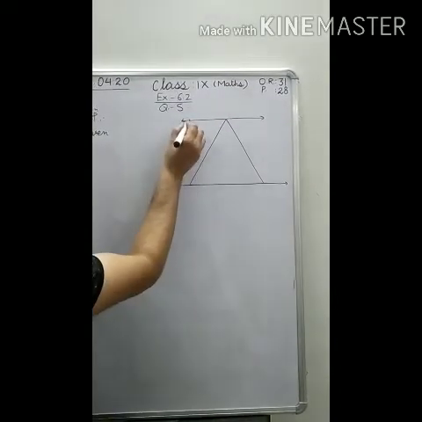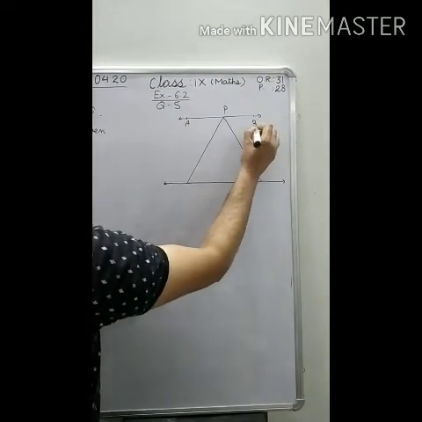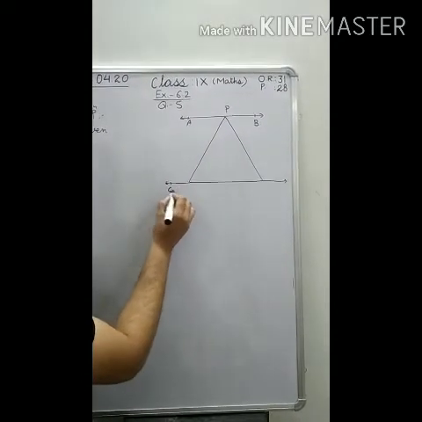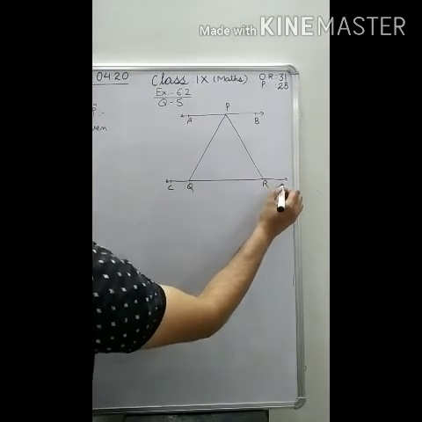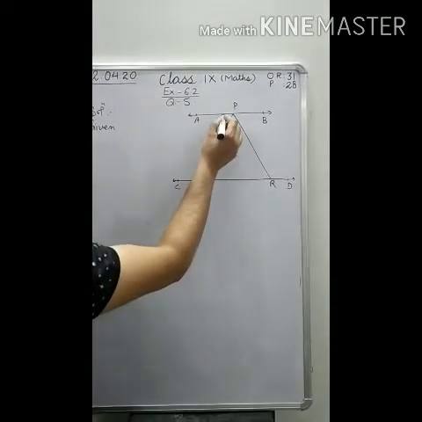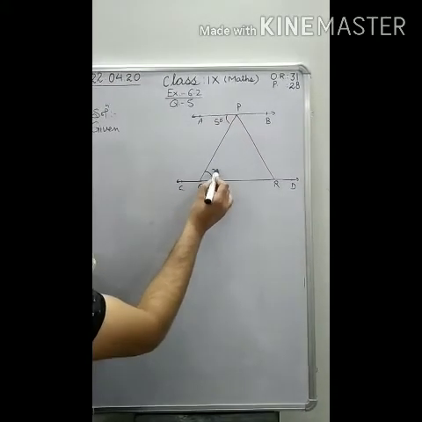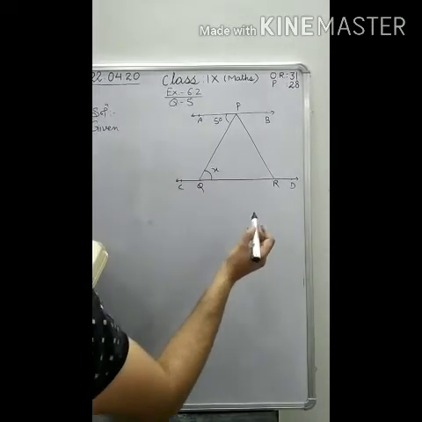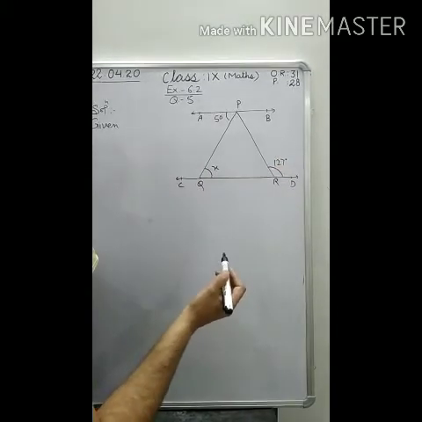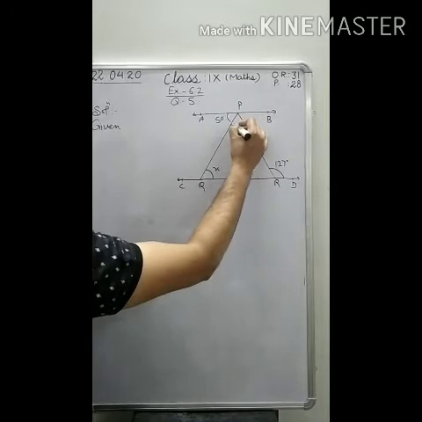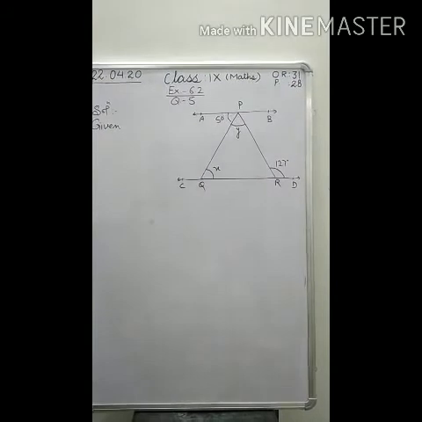You have this point A, P, this point is B, here this point is C, Q, R and D. Here measure of this angle is 50 degree. This angle is X, then this angle is 127 degree, and you have given this one as Y. So let us start from the given.